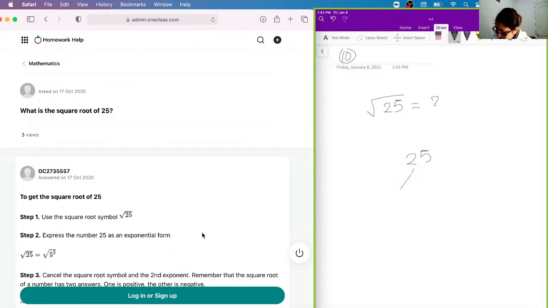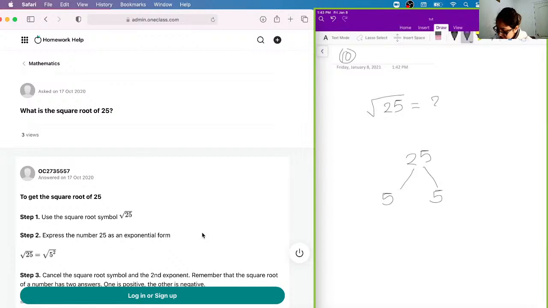What we want to do is find the factors of 25, and we know that there are basically only two ways: 1 times 25, which in this case won't help, and another one is 5 times 5. And you can't really break down 5 even further to get a whole number.